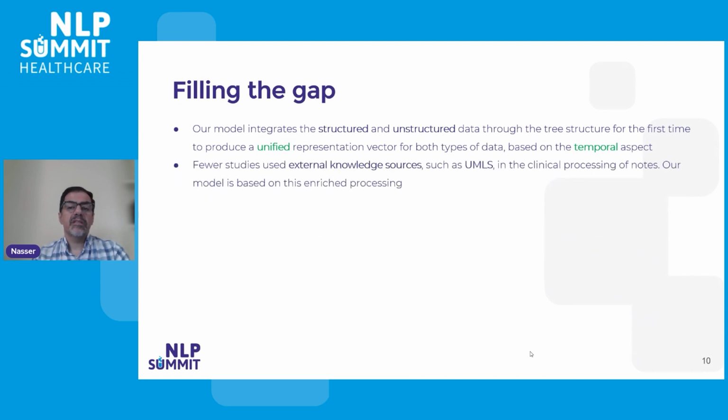Also, fewer studies have used external knowledge sources, for example UMLS, to process clinical notes. We use it extensively for enriched processing. A shortcoming of some previous methods was assigning the same weights to all parts of clinical notes.